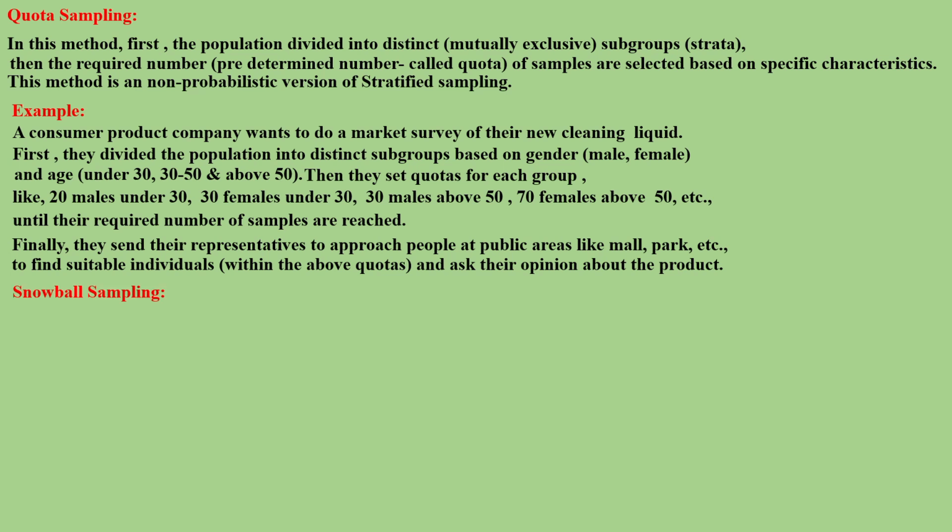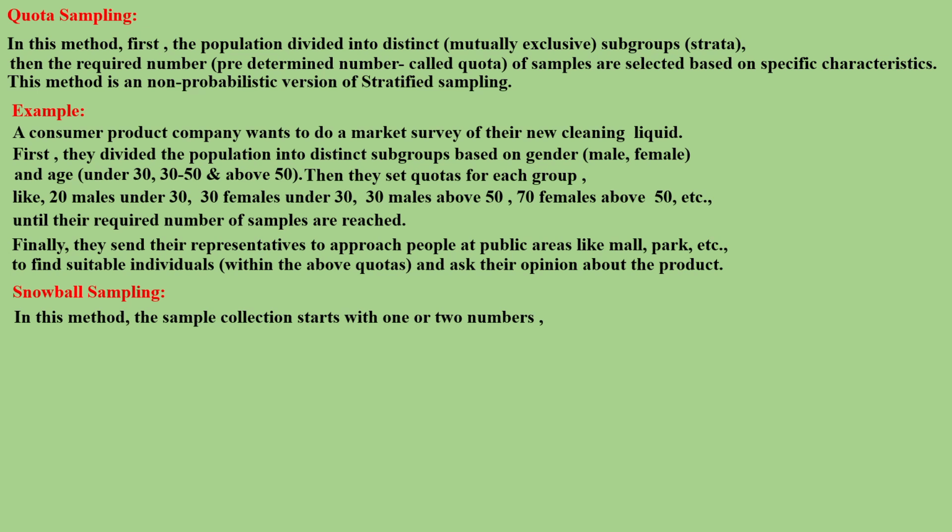Last sampling, snowball sampling. In this method, sample collection starts with 1 or 2 members. Suppose you are an insurance agent, you approach your friend and ask whether he is interested in that insurance.